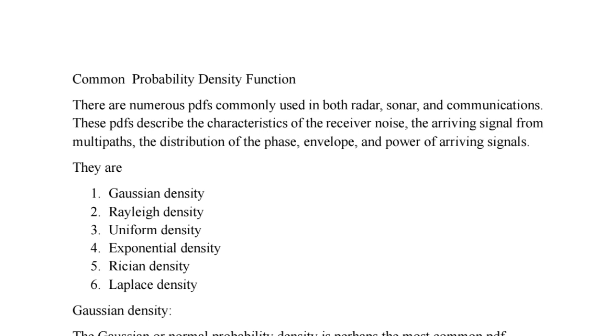We are describing some probability density functions. Here we have listed six: the first is Gaussian, the second is Rayleigh, and next are uniform, followed by exponential, followed by Bayesian and followed by Laplace.